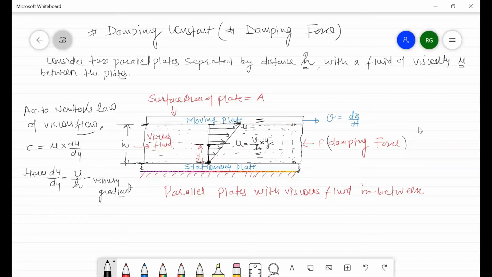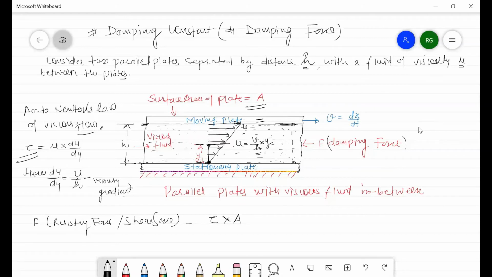Now the shear force or resisting force F developed at the bottom surface of the moving plate is, at this plate, the resisting force or shear force because of the viscosity of this fluid, given as tau multiplied by A. Here tau is the shear stress given by this formula, and A is the surface area of this plate.